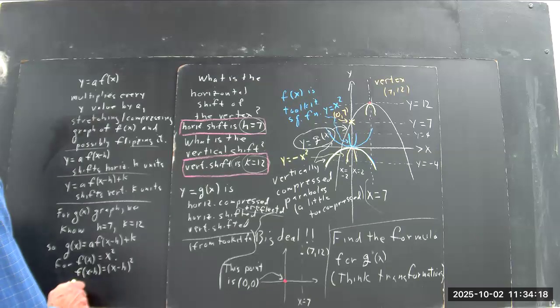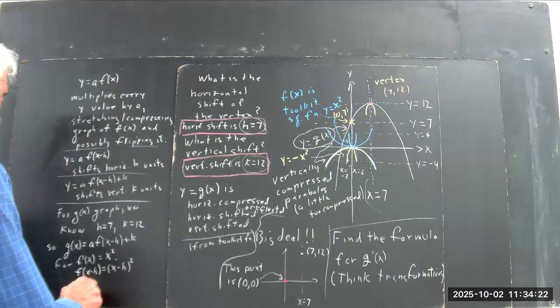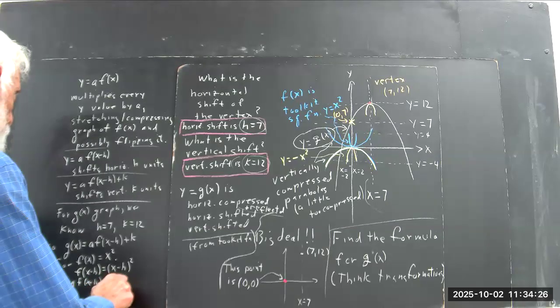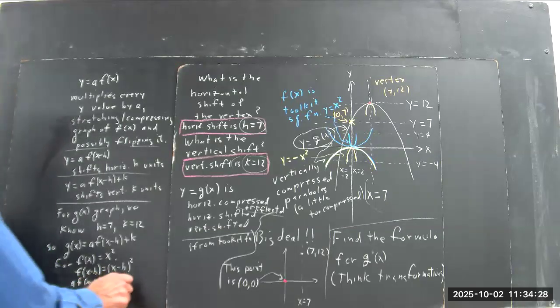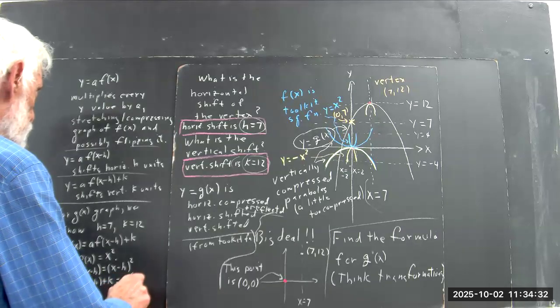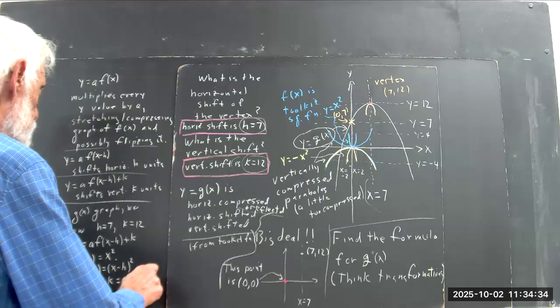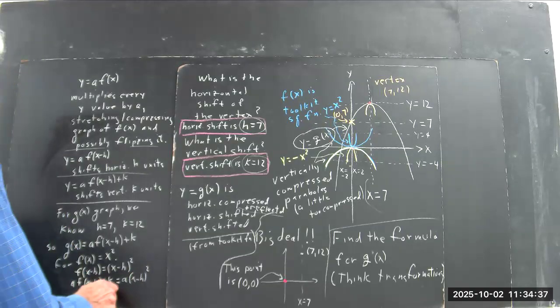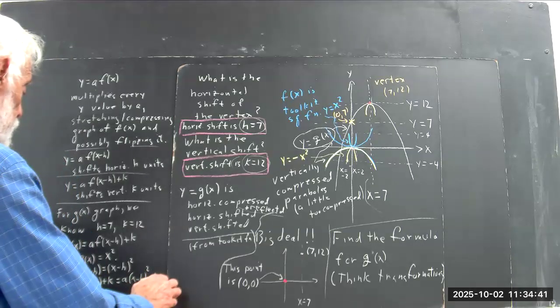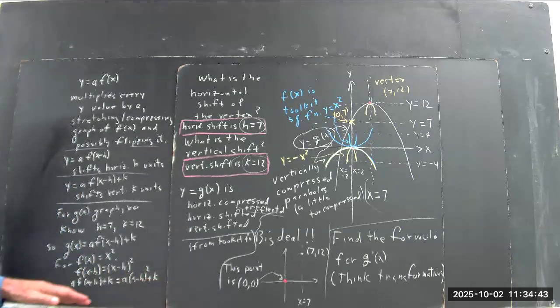Then it's pretty easy to write a f of x minus h plus k. The a goes out in front. f of x minus h, which is just x minus h squared, goes here, and then we add k. We have to understand every step of that.